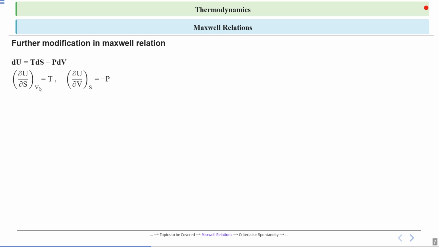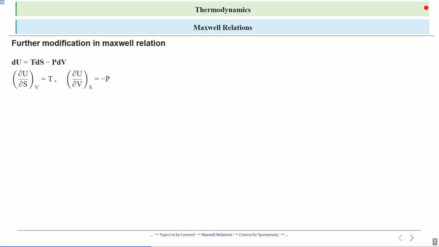Now you would ask, is it a good method to do? Yes, this is probably good for finding the answer quickly. But what is actually done here? We are differentiating this whole thing with respect to entropy while keeping the volume constant. So dU by dS at constant V gives you the first term. Then TdS by dS at constant V. T is not changing, so we take it as constant.